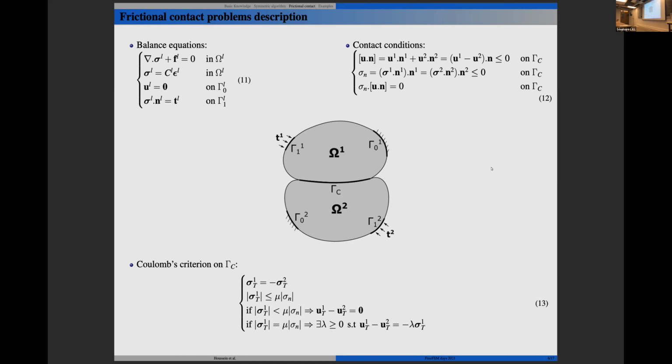But in the following, we will see how to avoid this problem and how to write our Coulomb's problem as a sequence of minimization problems. So we can use our developed methods, which are based on the minimization principle.